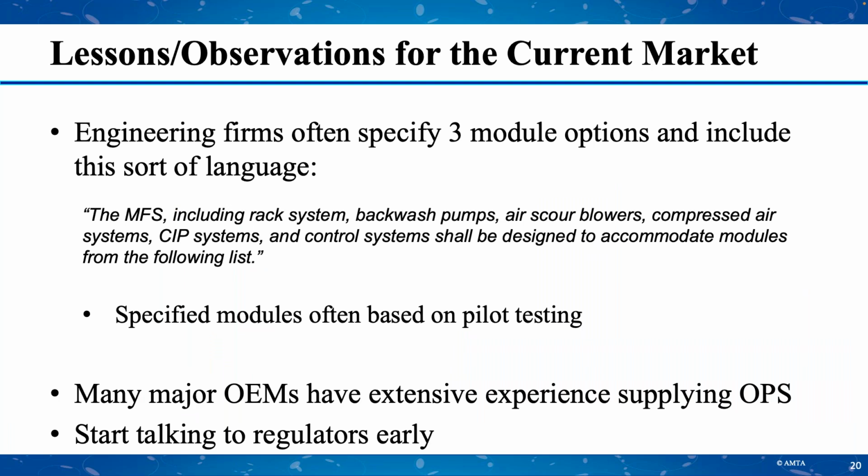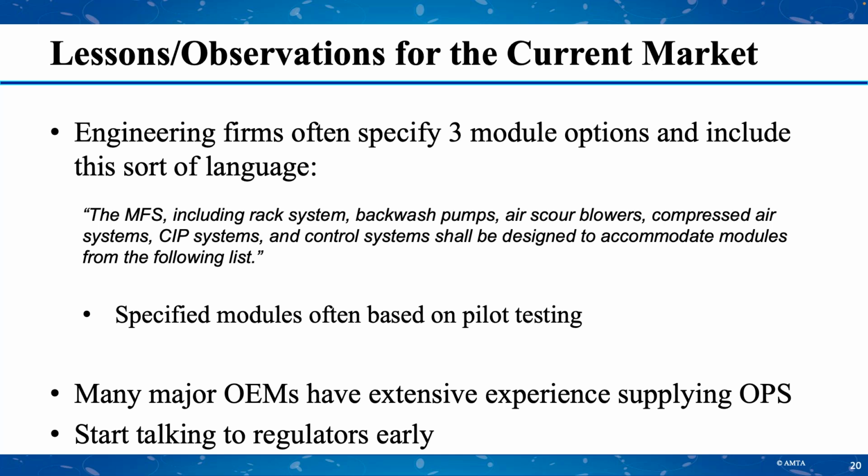We've also seen, I guess, standardization of the types of language that we see from the engineering firms. Often we're seeing about three modules being included and getting some sort of language like is shown here.